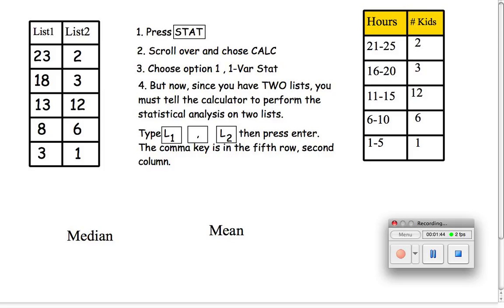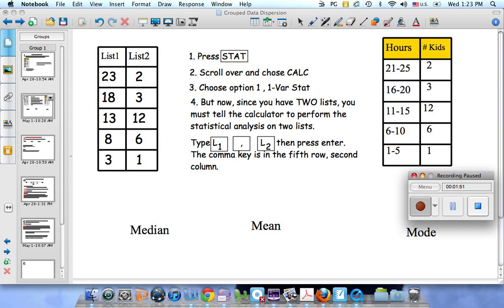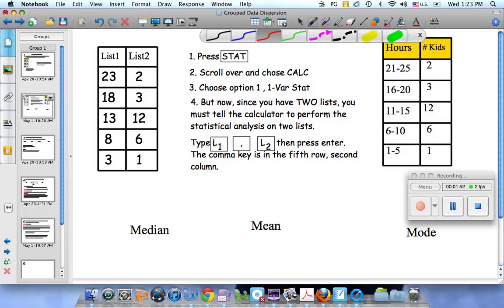The middle number between 16 and 20 is 18, etc. All right, so let's get my pen. You can see this is going to be in list 1, and this is going to be in list 2. Okay, at this point you may want to pause the video so you can take enough time to copy down these directions as to how you are going to enter these 2 lists into your calculator.